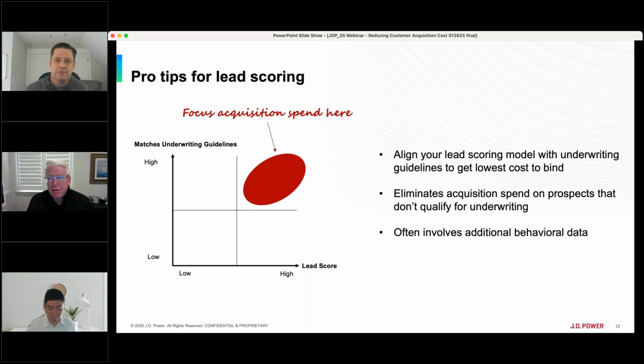But the question is how do you do this? And I think one of the things we're finding is that it often involves additional behavioral data to get at the underwriting piece of this, right?